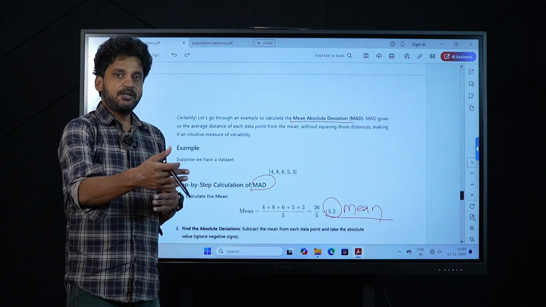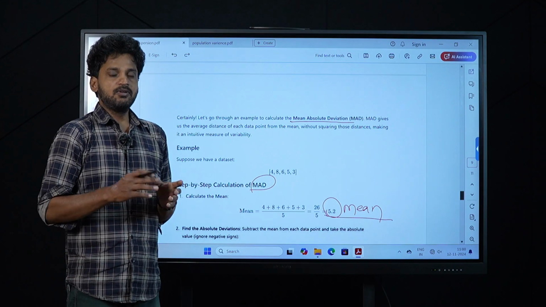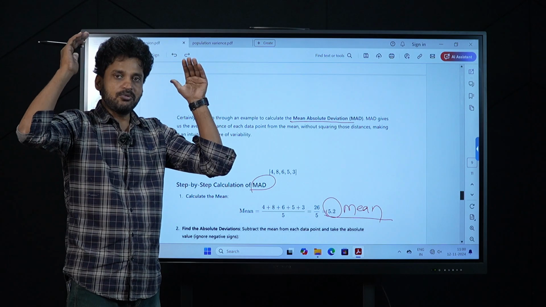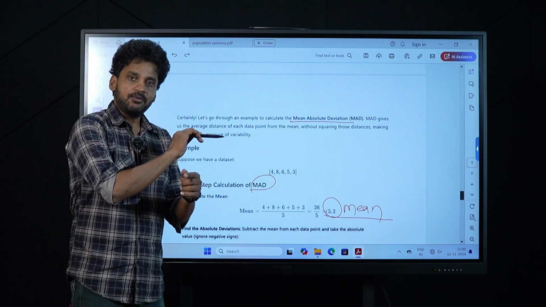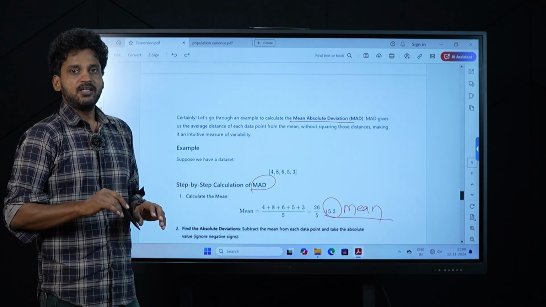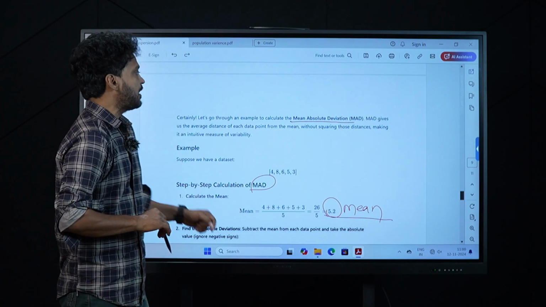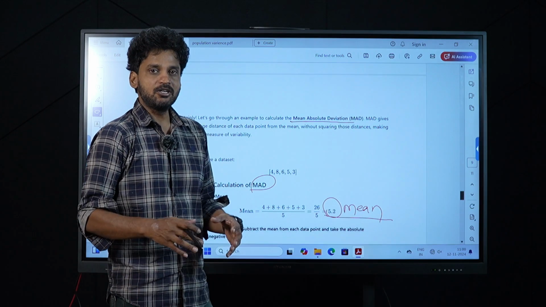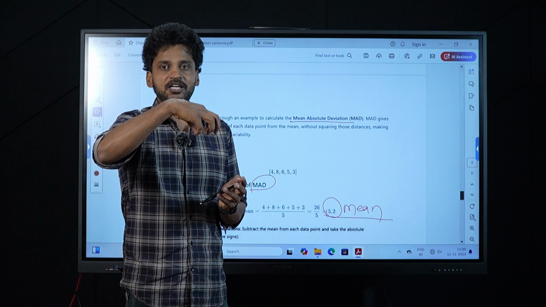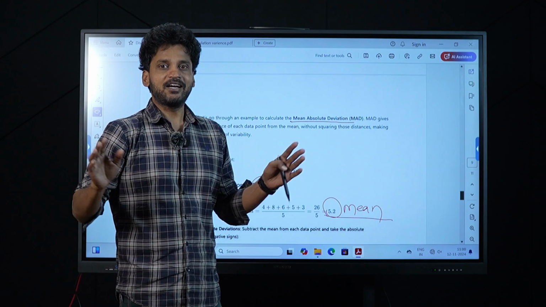We need to subtract every data point from the mean. The value will be either positive or negative. In order to avoid the sign, we apply the mod rule. Then we need to add all the values and divide by n. That is going to be your mean absolute deviation. This is also one of the other approaches to get the range of the data points that are spread across the mean.